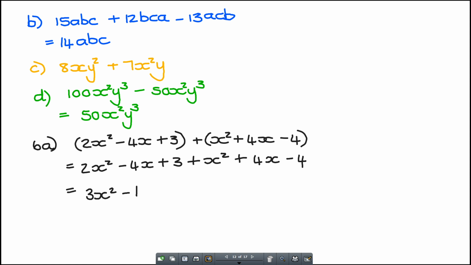If you don't write it in alphabetical order, if you wrote 14CBA, it wouldn't be wrong. But remember, what I'm doing is training you for grade 12. So I don't want you to practice something other than what we want you to write in grade 12. If you write it like this in grade 12, you won't lose a mark because it's the same thing.